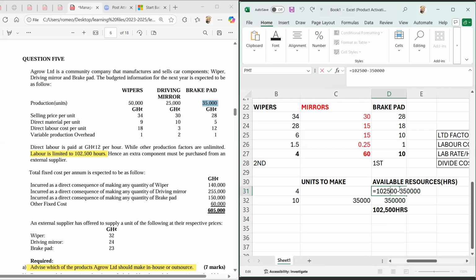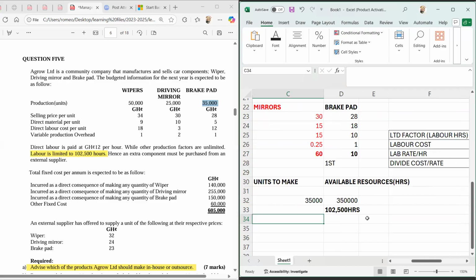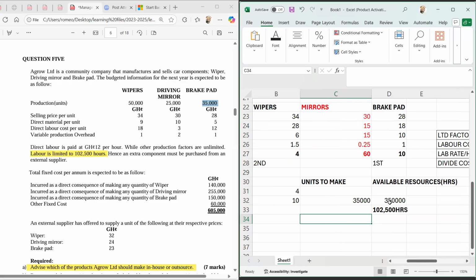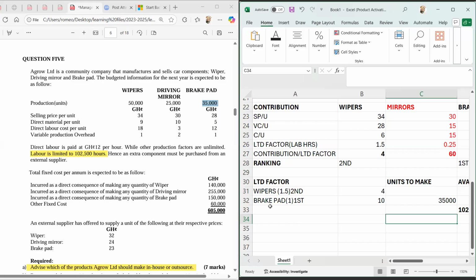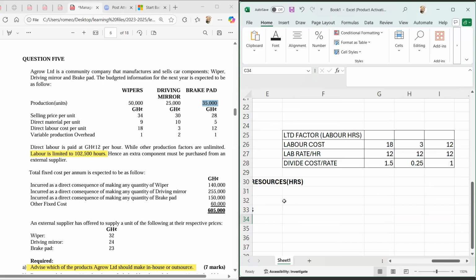Is it supposed to be 350,000? Even 350 is more than this one. Sorry, it's supposed to be this one rather, the one beneath it. I'm supposed to multiply with that one. Sorry.